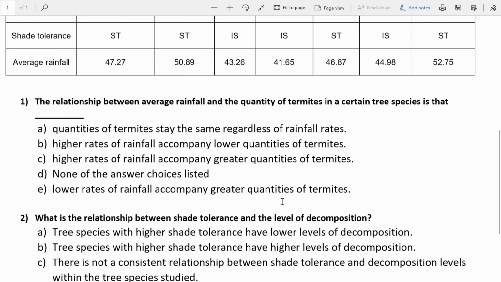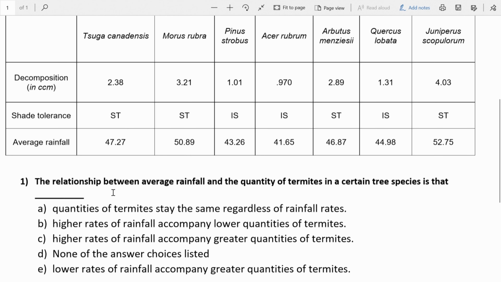So here they're asking for the relationship between the average rainfall and the quantities of termites.